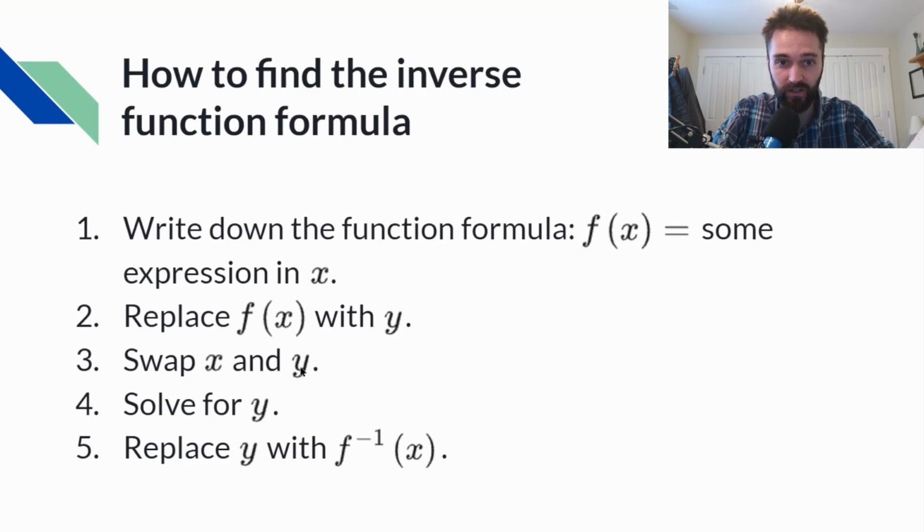So we literally take x and y in the equation and we swap their positions. Then we solve for y. We isolate y. And the last step is to replace y with f inverse of x. When we isolate y, we'll get that y equals some other expression in x. And we can call that function f inverse.